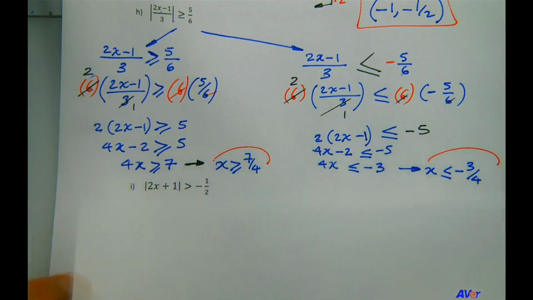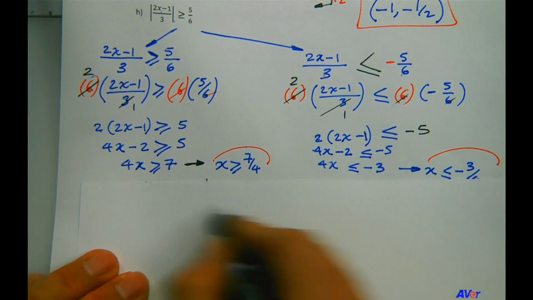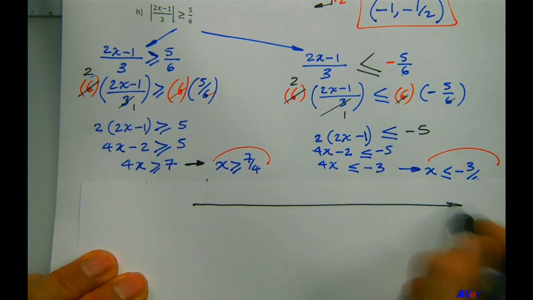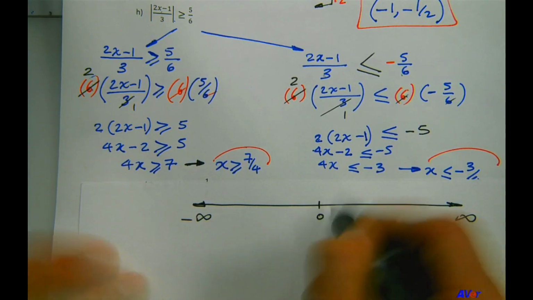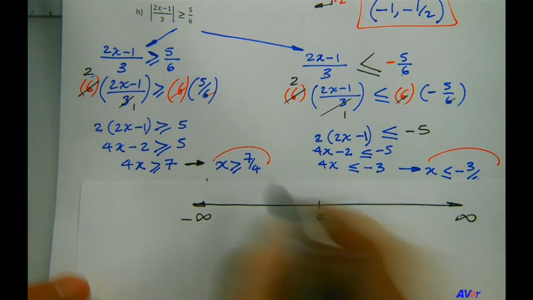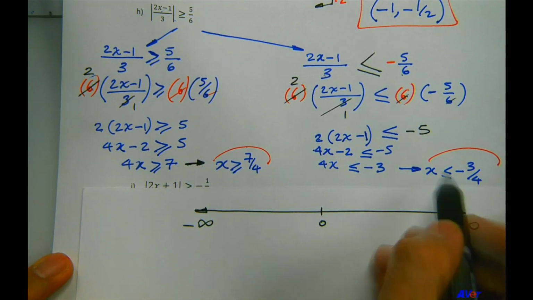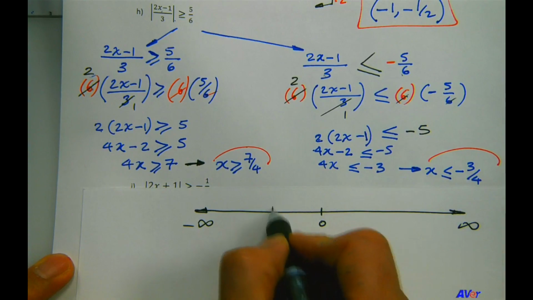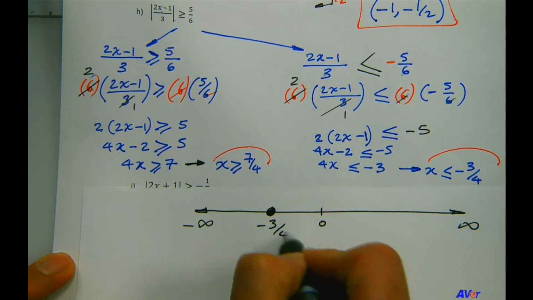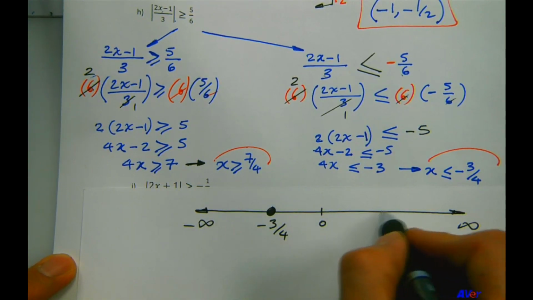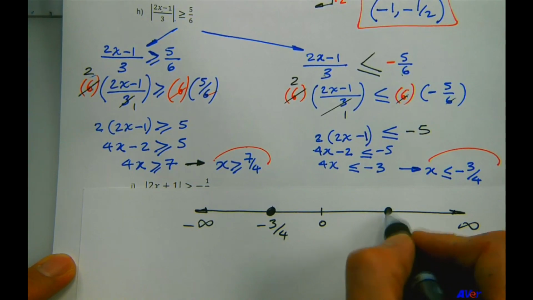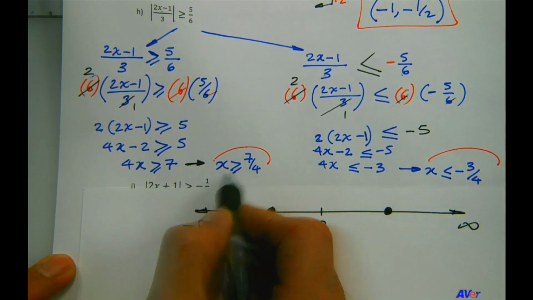Yeah, okay, right here. So let's draw the graph. The solutions do not overlap, right? Do you see that? So let's say minus 3/4 is somewhere here, and I'm going to put a filled in circle, minus 3/4, and 7/4 is, let's say, somewhere here. And again, filled in circle because we have equality.